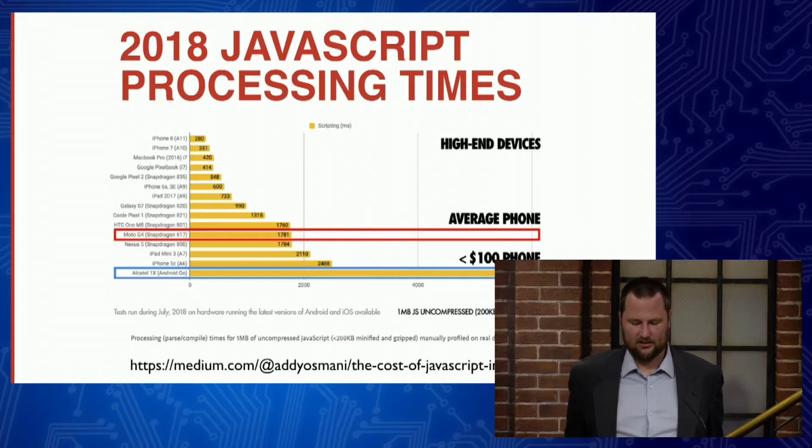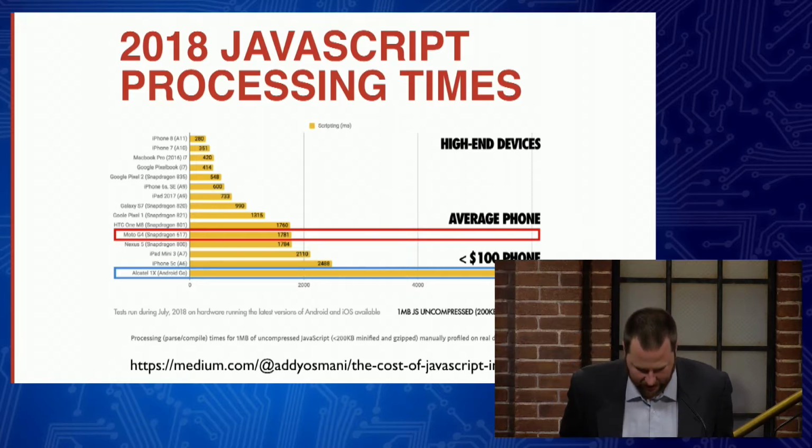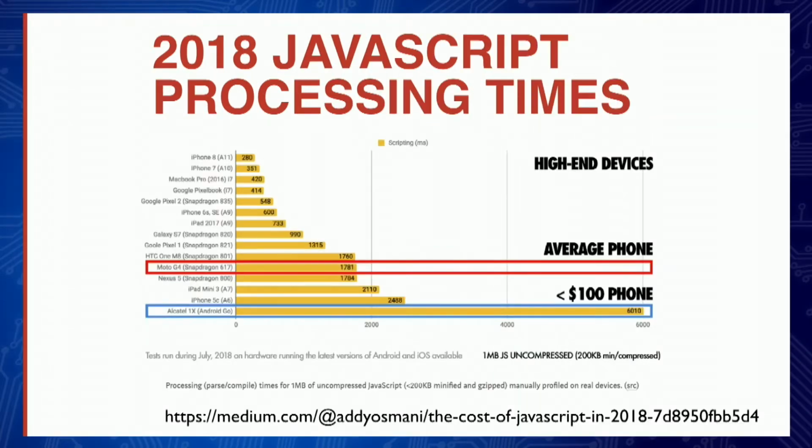In 2018, your average phone with your average website had almost 2 seconds of JavaScript processing. That's 2 seconds where people are just waiting for this website to become active and getting very upset with it. At least I'm getting upset with it.